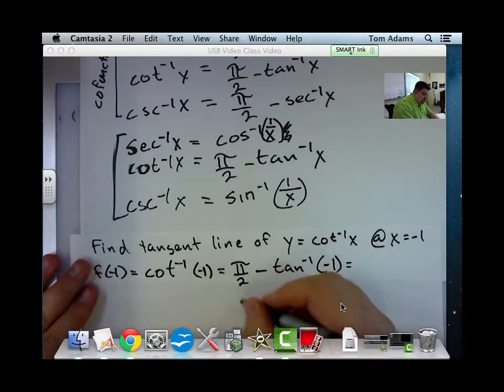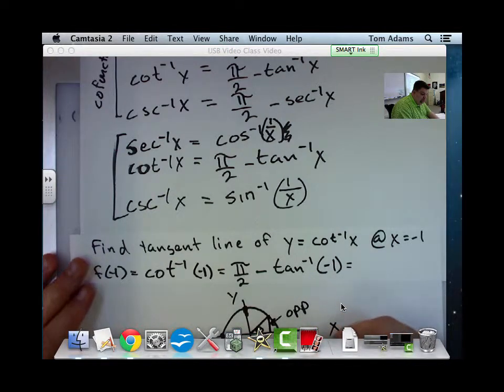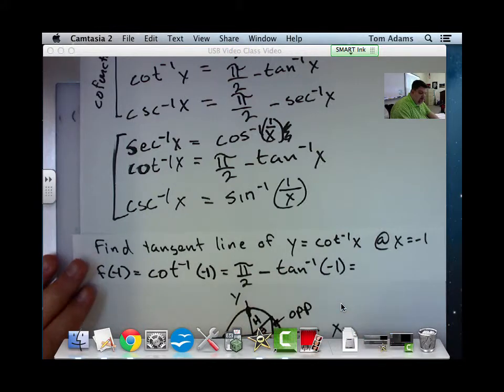Because, if you guys remember, in our xy plane, this is the opposite, this is theta, this is the adjacent, and this is the hypotenuse. And so tangent of theta is equal to the opposite over the adjacent.